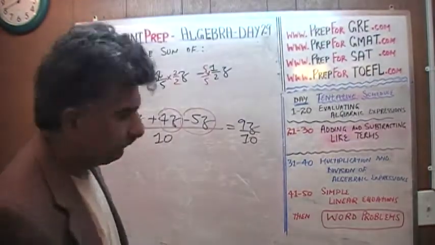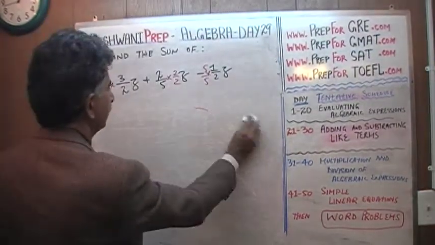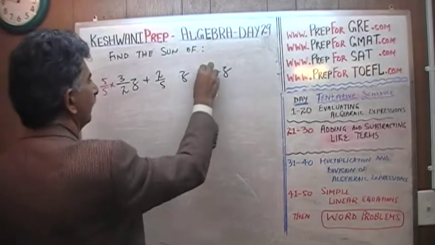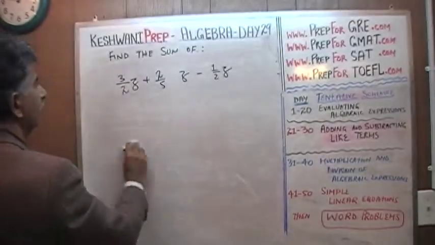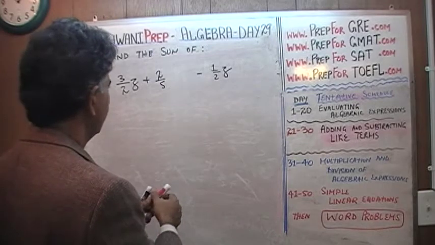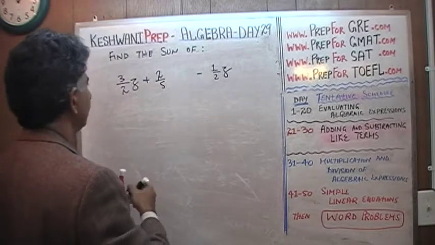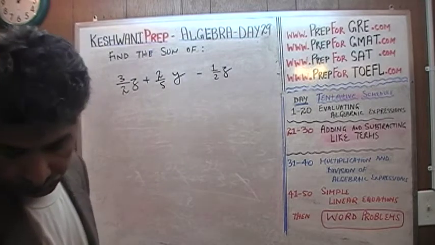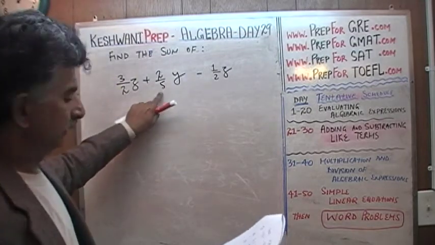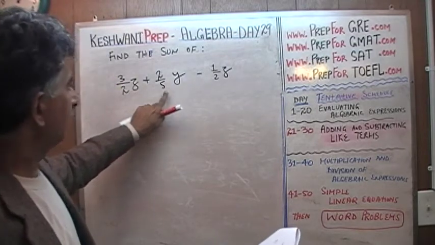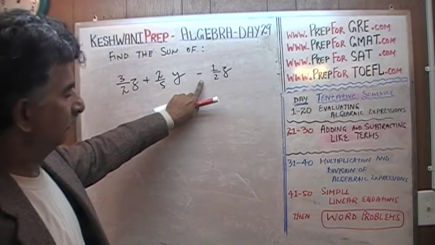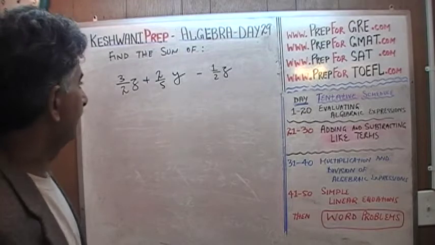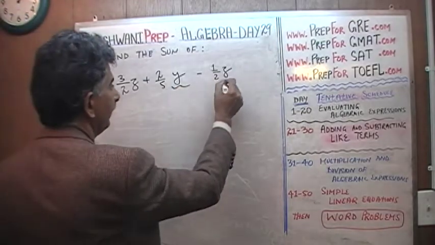Let's go on to the next one. What would be the answer if we had this? Here's the new problem. 3/2 z plus 2/5 y minus half z. Now they are not all like terms. Here we have y and here we have z.